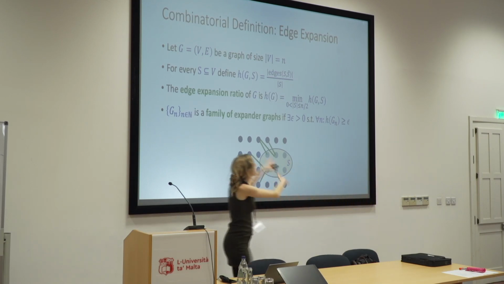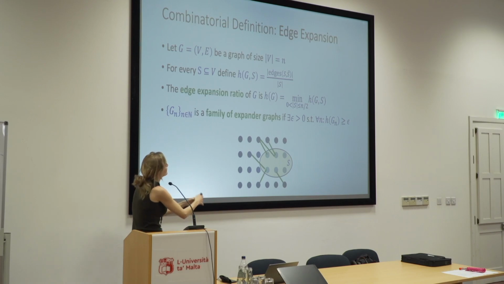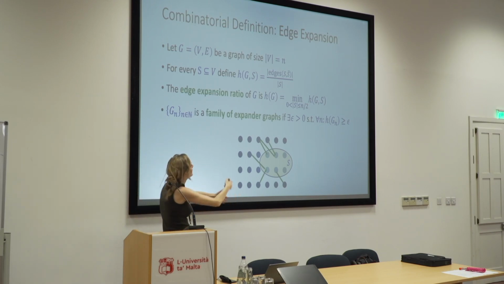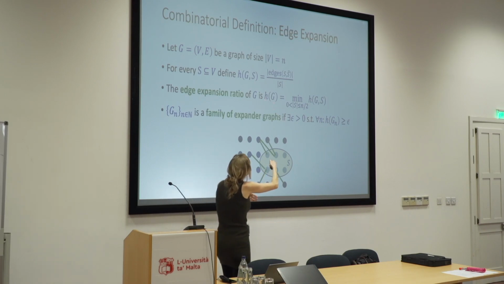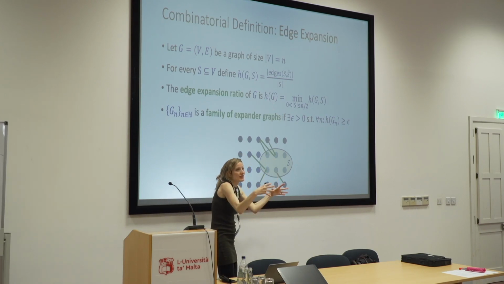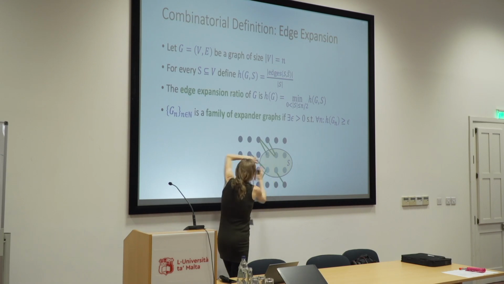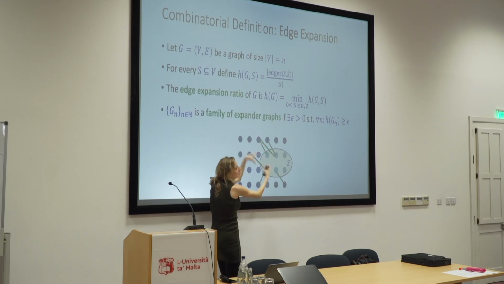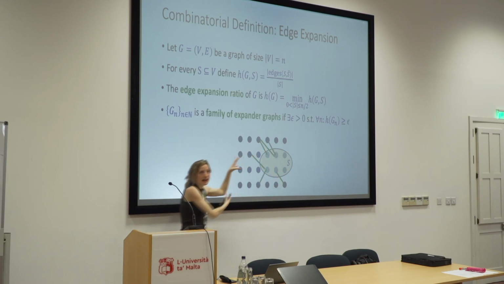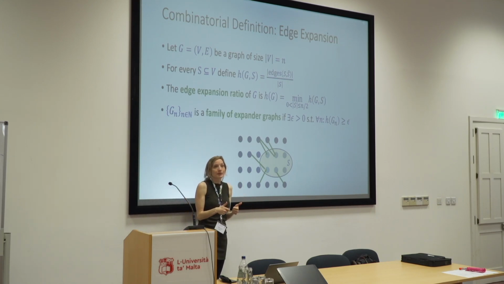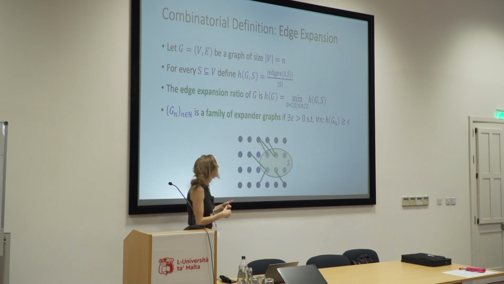Okay, so again, let me do a recap on this. This was defining for a fixed graph some notion of, for any potential subset that's not too big, what fraction of edges are going out. Okay? For us, it's good if this is a big number. We want this to be big.